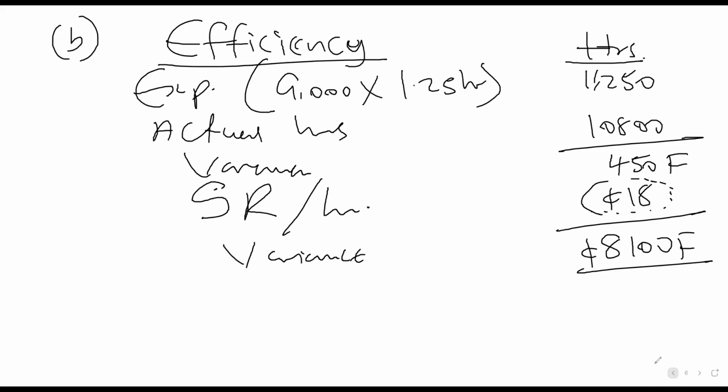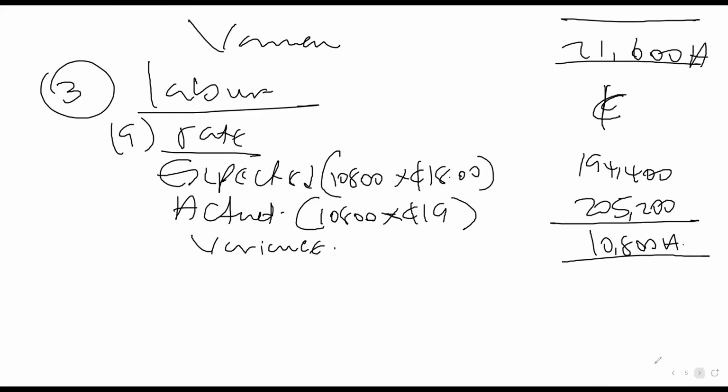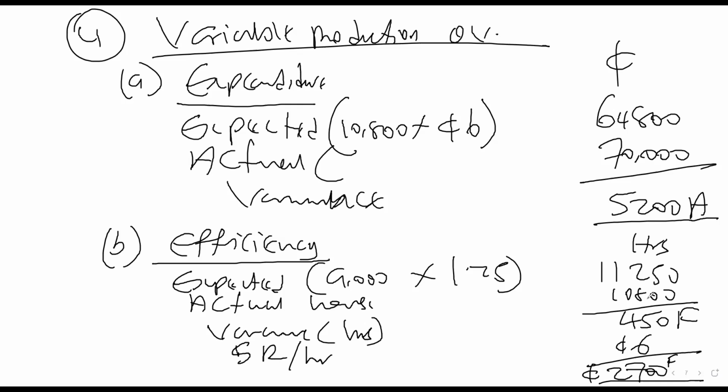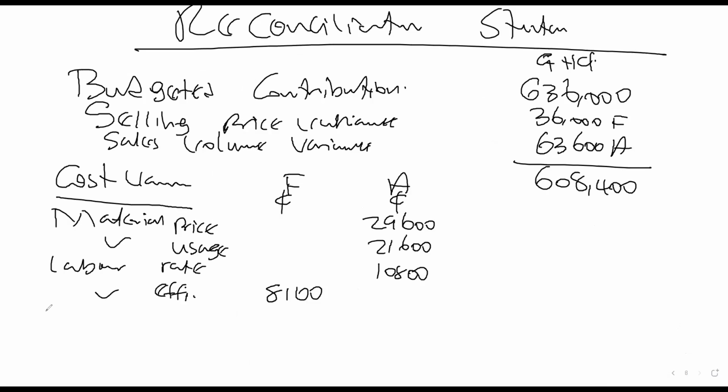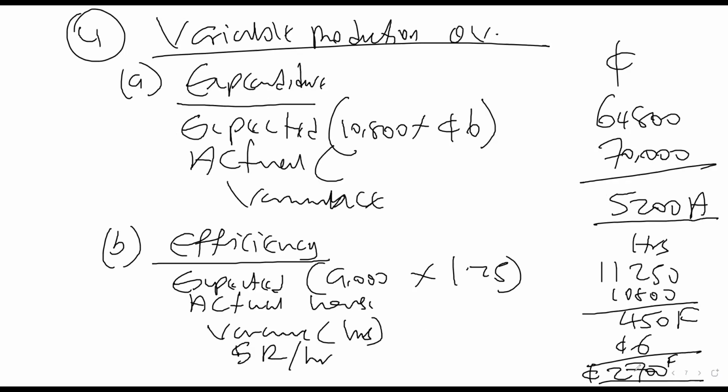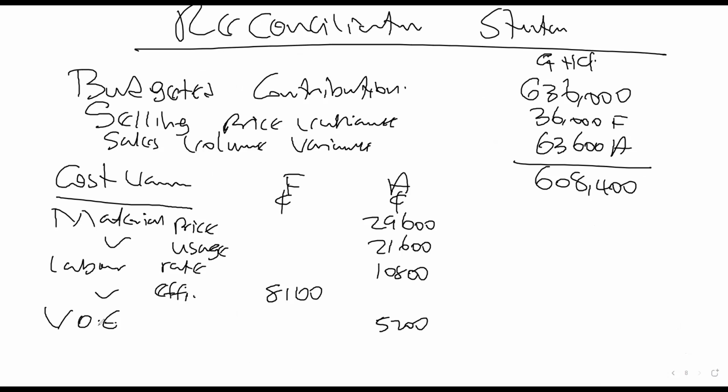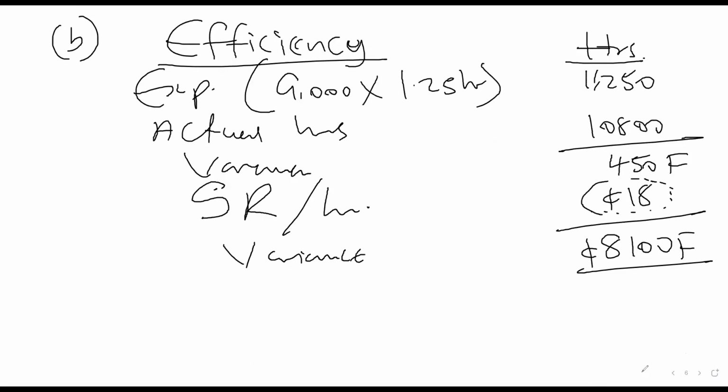Then variable overheads. The variable overhead expenditure is 5,200 adverse. Then efficiency is 2,700 favorable. Wait, there's a problem somewhere. Labor efficiency, was it favorable?